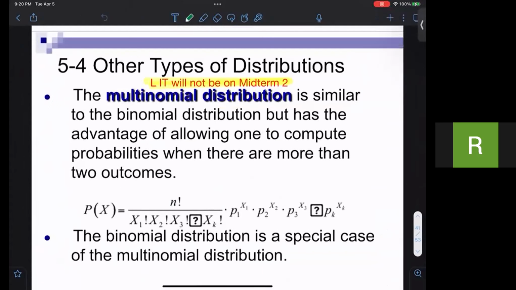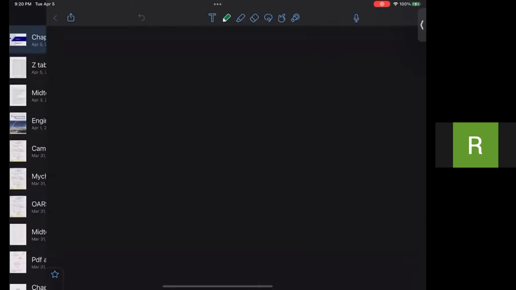They describe it really quickly: the multinomial distribution is similar to the binomial distribution, but has the advantage of allowing one to compute probabilities when there are more than 2 outcomes. That's basically what I said before. This is the PMF, the probability mass function. The binomial distribution is a special case of the multinomial distribution. So let's go back to the slide and solve the problems.